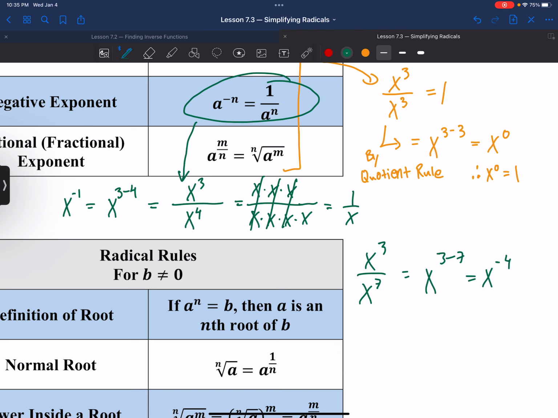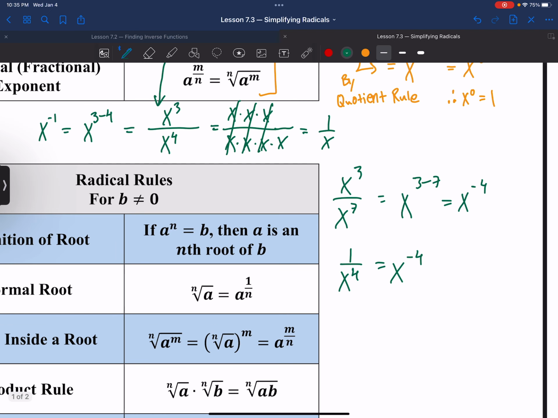But there's 3 on top, 7 on bottom. 3 of those are going to cancel, and I'm going to be left with 1 over x to the 4th. So, hey, look, x to the negative 4th is equivalent to 1 over x to the power 4. Works for anything negative like that.